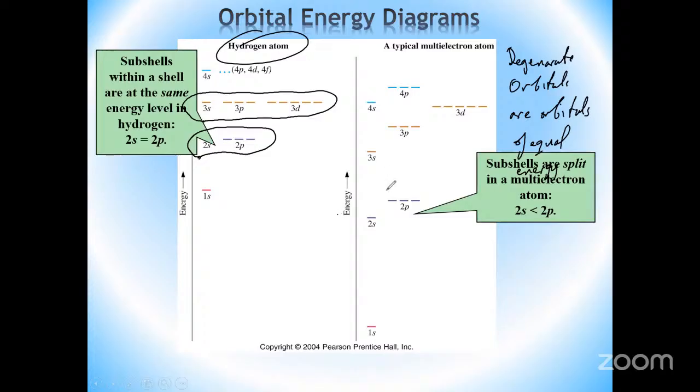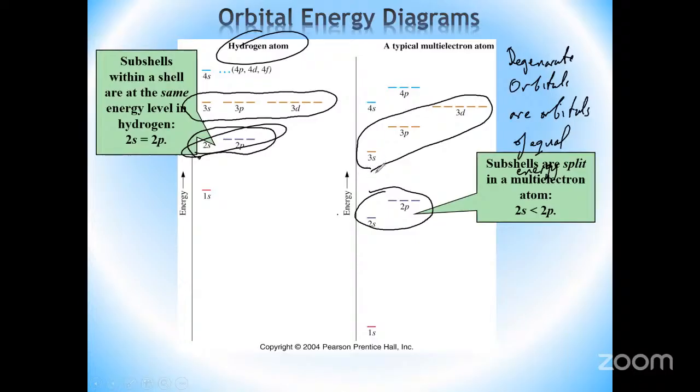And when you compare the third shell in the case of the hydrogen atom to the third shell here, again, you see the same thing. The sublevels within the third shell are not all equal. So that's one important difference between the hydrogen atom and a typical multi-electron atom.